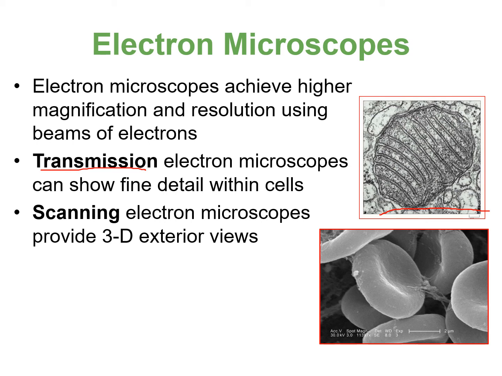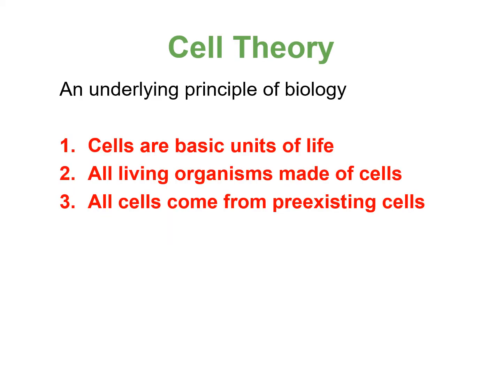So instead of just seeing the cell, you see in high resolution organelles within the cell. Whereas scanning, which is right here, you bounce the laser off the surface of the cell. You see what it looks like in 3 dimensions. Transmission goes through, scanning bounces off.